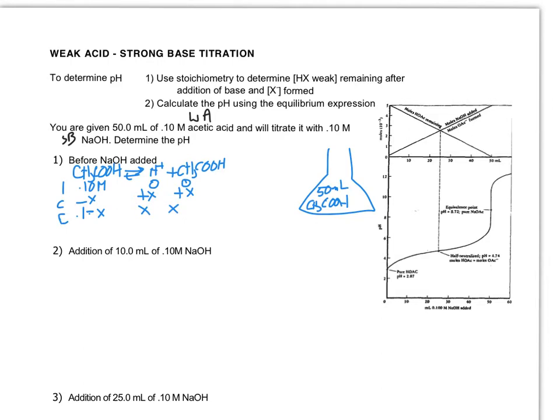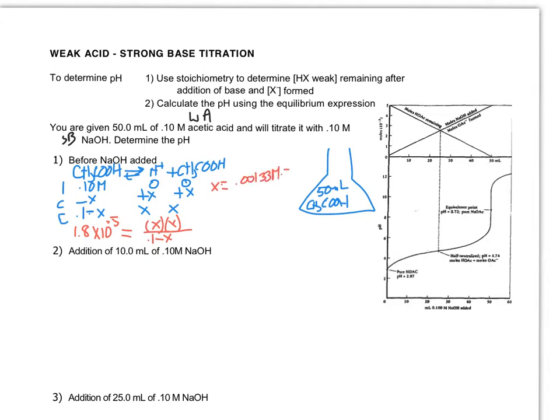So the Ka, which is 1.8 times 10 to the negative 5th, you probably memorized the Ka for acetic acid by now, since we use it so much, is x times x over 0.1 minus x, x being our H plus. If you were to calculate x, you would get 0.00133 molar.